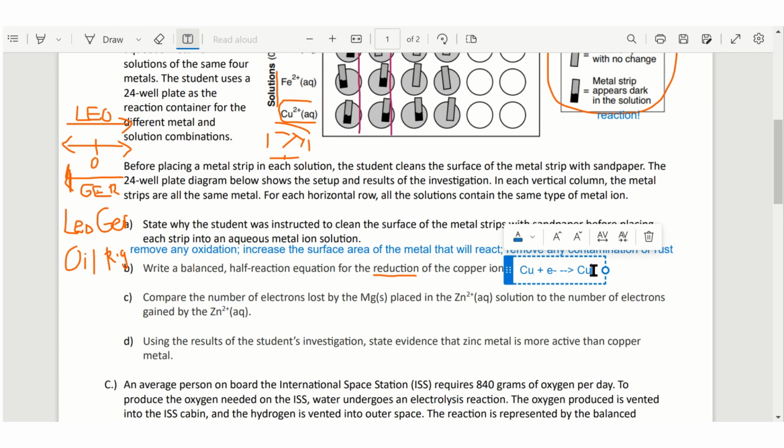If this was positive on this side, so I just write it like this for a moment. If I put the positive on this side, would there be any way for me to make this side be positive? No, because my only other option is the copper with no charge. So that won't help me. So I need to start on this side. Okay, so copper plus 2.